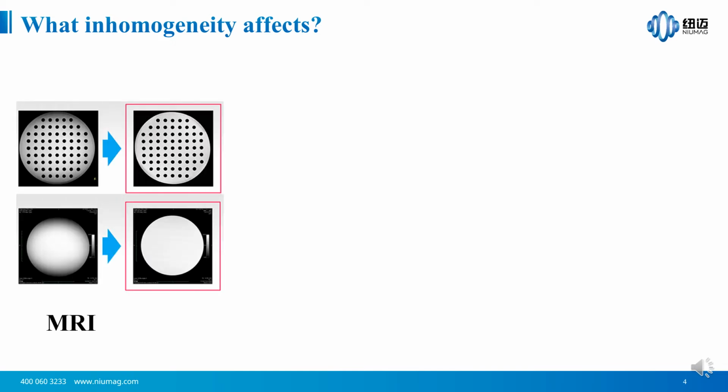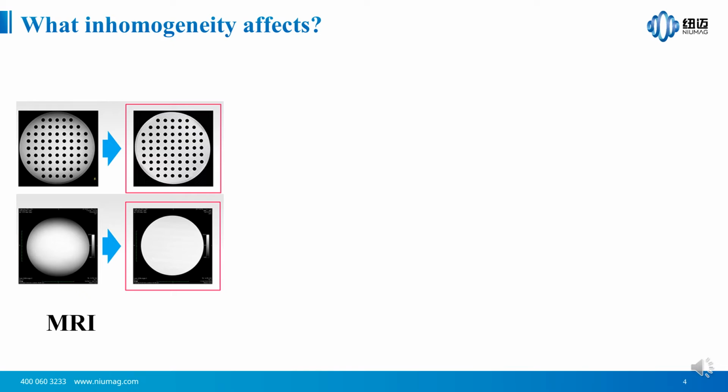Now let's talk about the effect of the magnetic field homogeneity on NMR applications. The first is the effect on MRI, because MRI requires spatial coding, including slice selection coding, phase coding, and frequency coding. A linear gradient magnetic field needs to be applied.